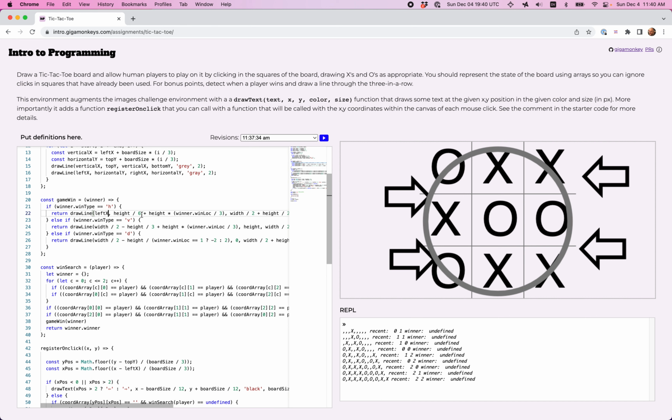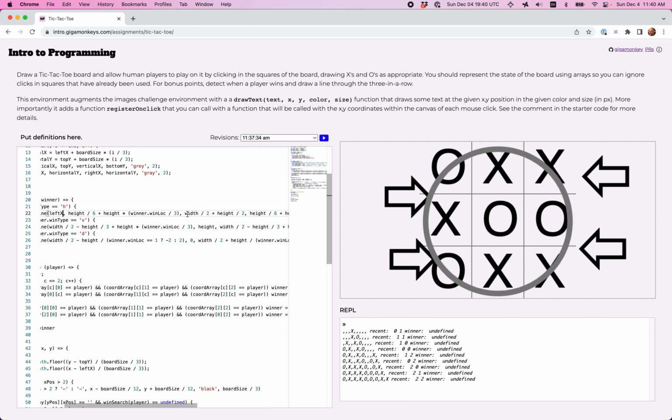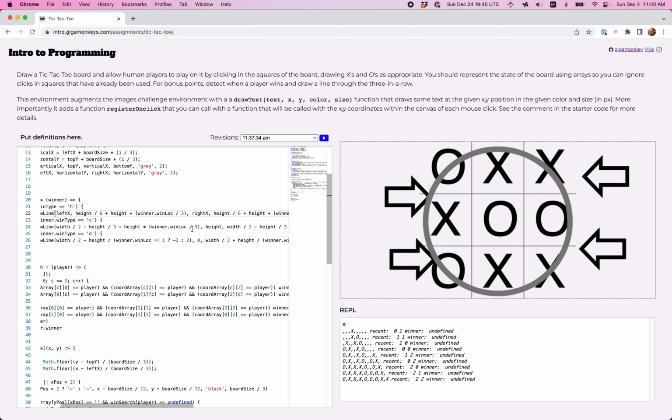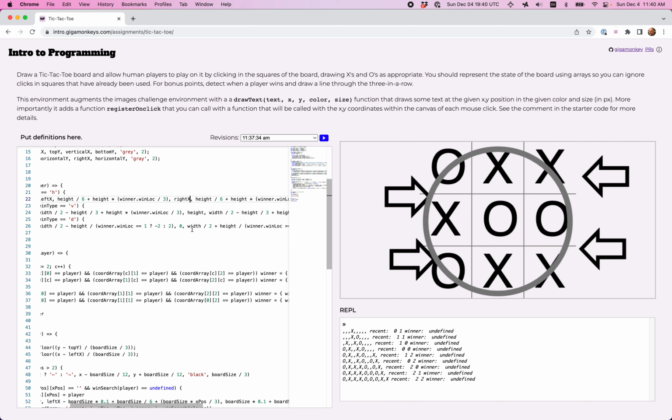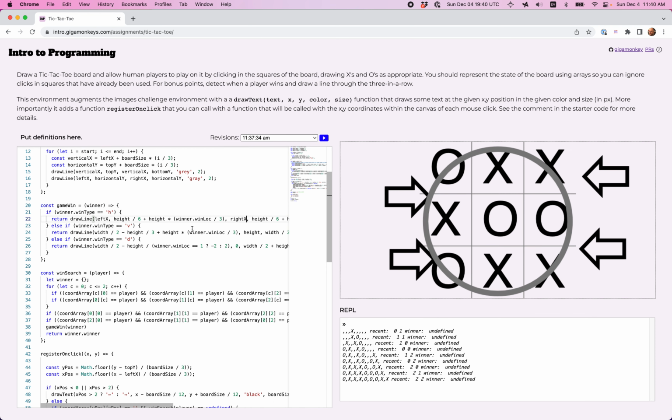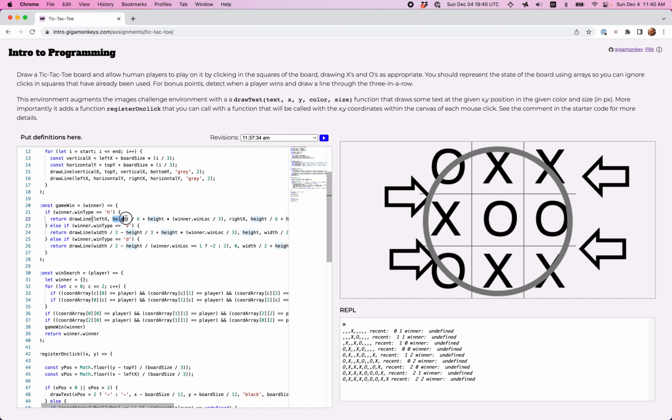So we're drawing from the left x to the right x. That makes sense. And then the actual, this is like the middle of the row. So I see height divided by 6.